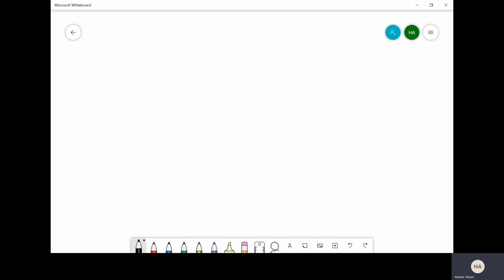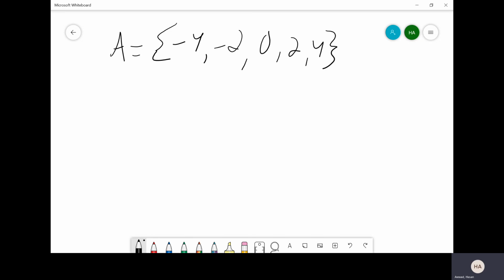Okay, so hopefully you've unpaused and given it a substantial effort as far as figuring this one out. So we are looking for, given set A has the following elements: -4, -2, 0, 2, and 4.